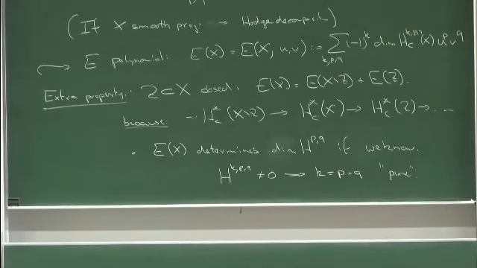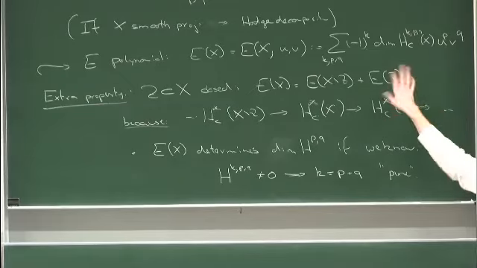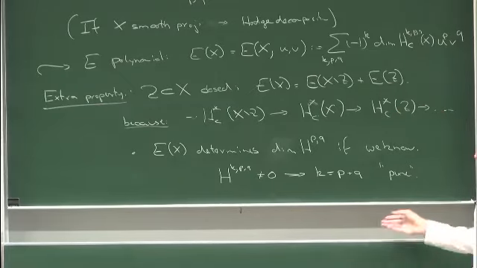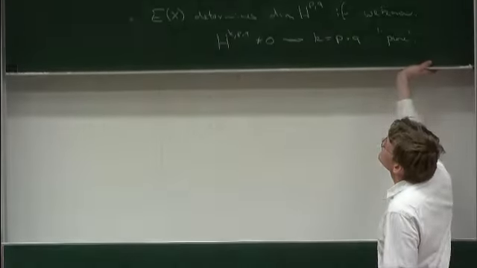So if for some reason we know this a priori, then we can just do our computations without worrying about any differentials. Okay, so that's the whole trick that we want to use.